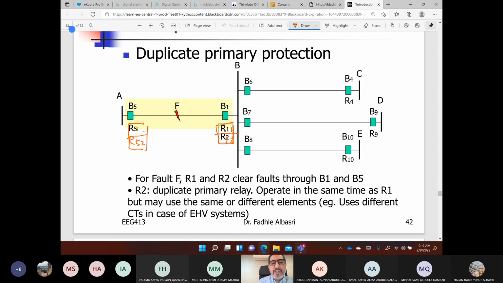But each of these relays detects faults using a different principle. Maybe this one uses the 21 function, this one uses the 87 function, so that you assure that any fault within this zone will be detected. So duplicating primary protection will give you two things: fast action to clear the faults, and it makes the system more reliable, dependable in this case.